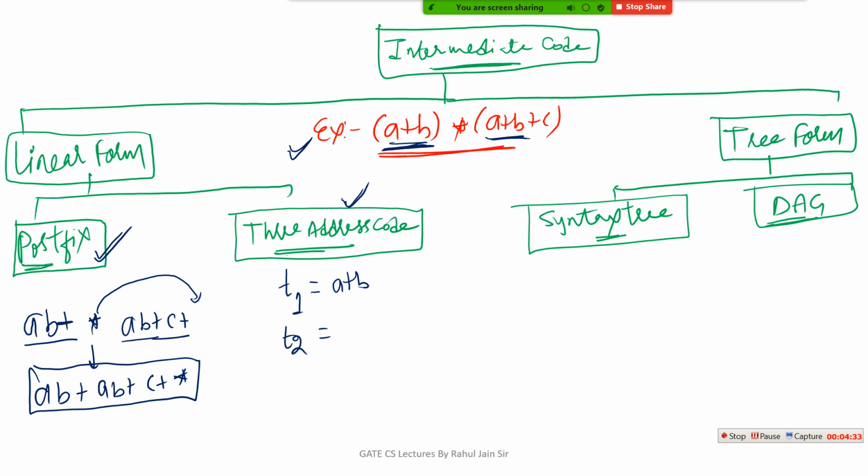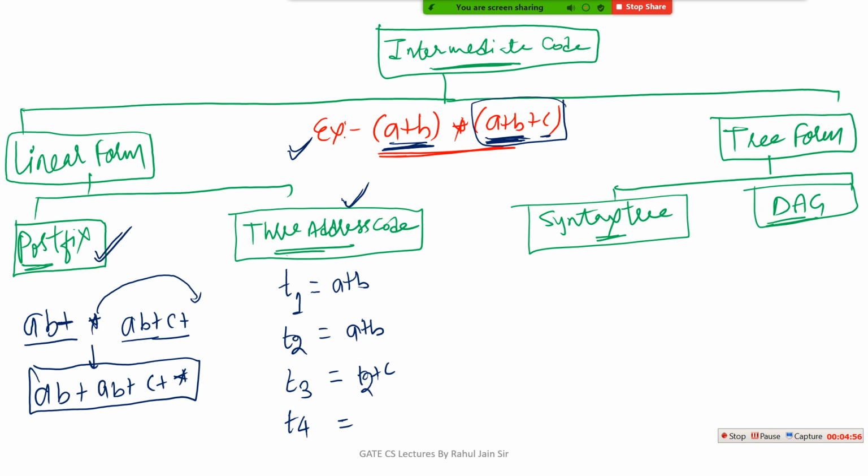Again I take one more variable, t3, and this t3 will add t2 plus c. So t2 is the value of a plus b, and it will add c to it. So the complete value of a plus b plus c I will get in t3, and I am taking another variable t4.